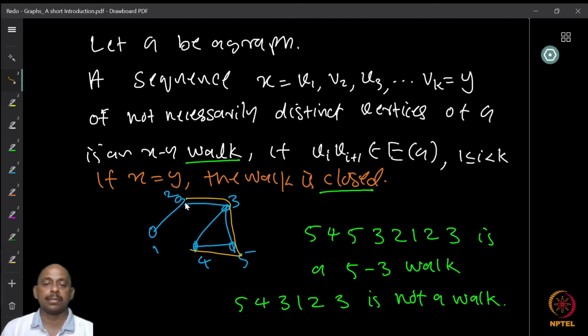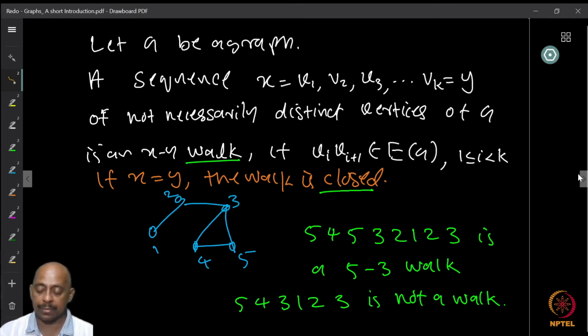That is a trail because 3 to 4 is an edge, 4 to 5 is an edge, 5 to 3 is an edge, 3 to 2 is also an edge. And I don't repeat any edge, but I repeat the vertex 3. That is okay, right? Therefore, we have a trail. So trails can repeat vertices, not edges.